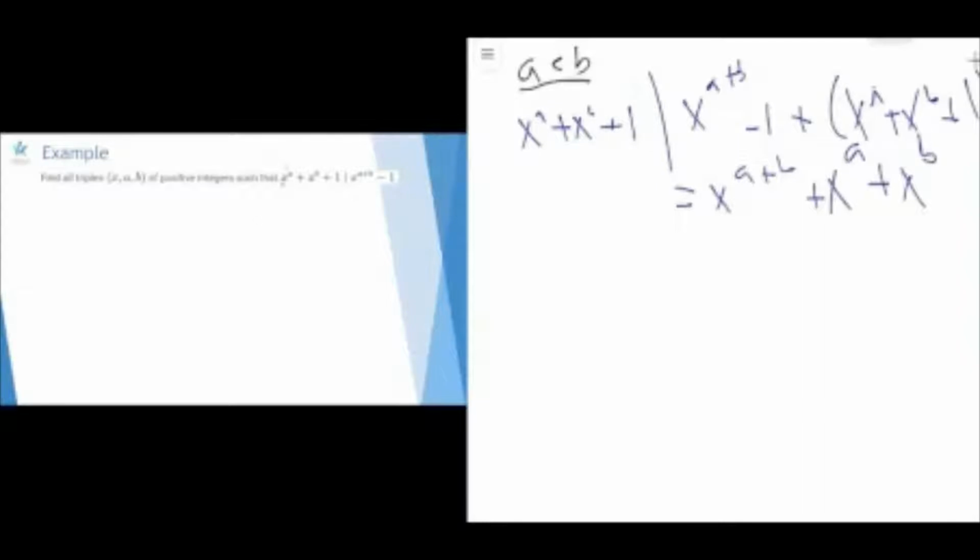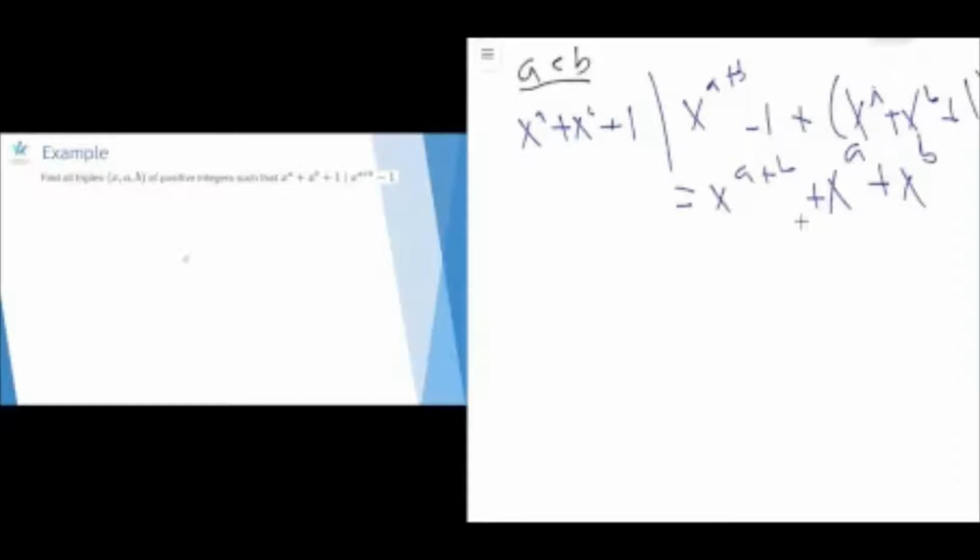Now what we want to do is notice that we have these x terms over here. So we can factor it out, and that would make life easier because, as I said before, we will end up with the new right-hand side, and maybe we can end up with some more insight from there. So what I'm saying is notice that x to the a divides all three terms on this right-hand side.